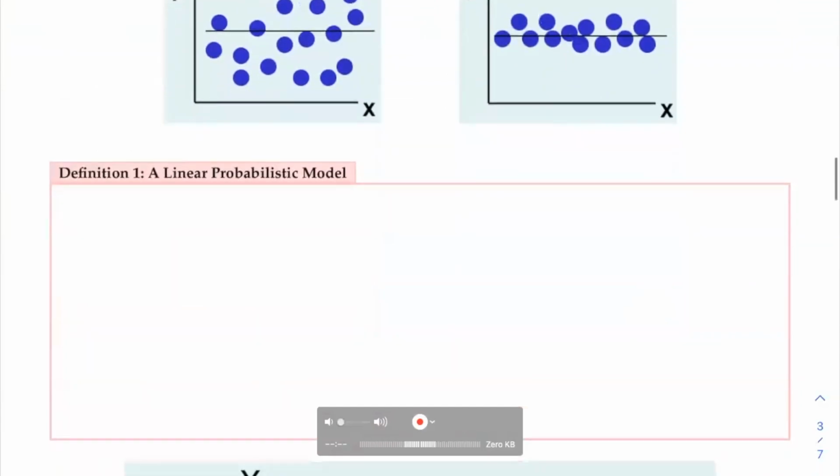Now, moving on to the definition of a linear probabilistic model, right? Again, it's very similar to what we have seen in the least square criterion. So we are looking to fit a linear line to a set of data points, and the linear line, of course, is y equals ax plus b, where a is the slope and b is the y-intercept, right?